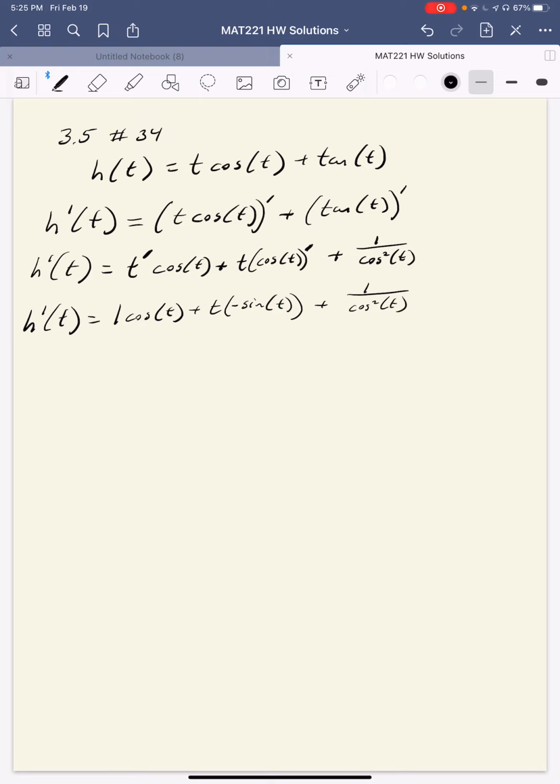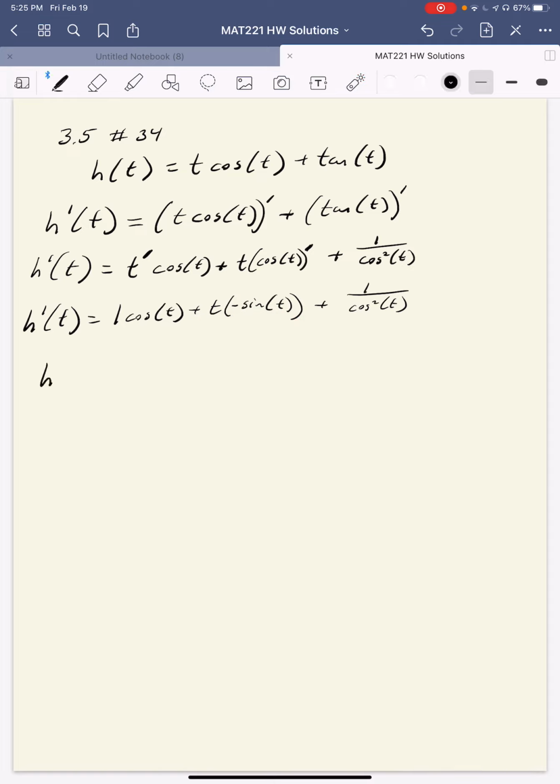I'm going to clean this up just a little bit more because I don't need the 1 in there. We know that multiplying by 1, the 1 doesn't need to show. And I'm going to just clean this part over here up a little bit too.